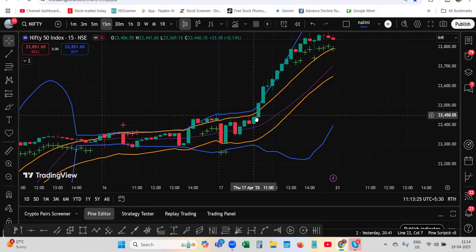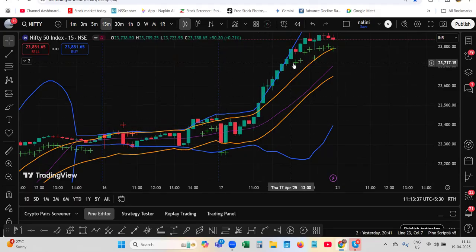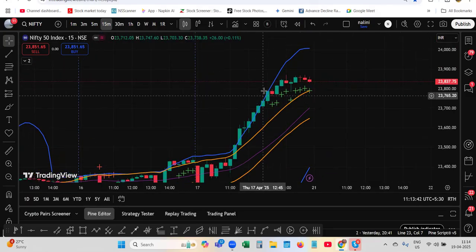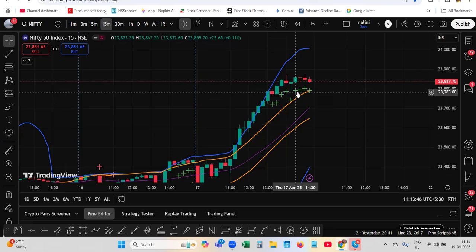Even if you would have entered over here, keeping the middle Bollinger Band, the median line, the 20 period moving average, as the stop loss, you could have run this profit. See, here only there was some sort of price coming over here.